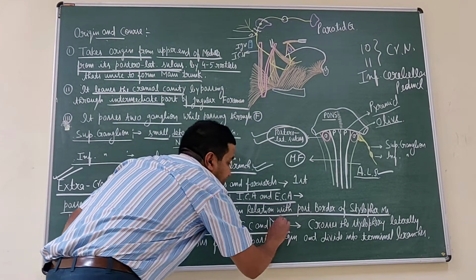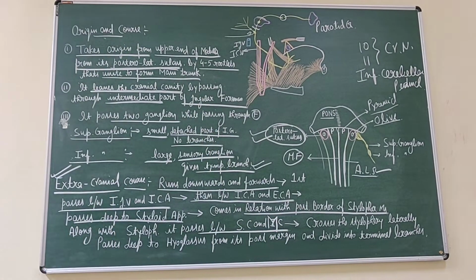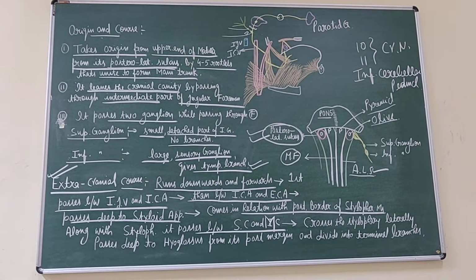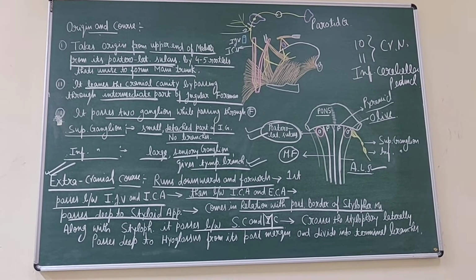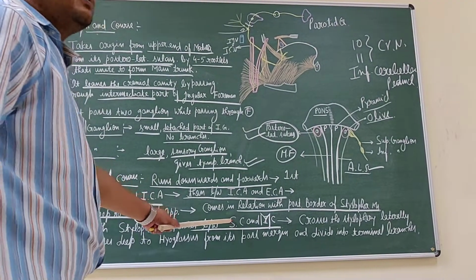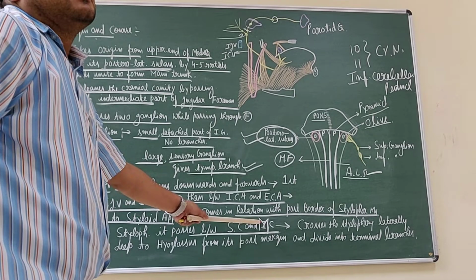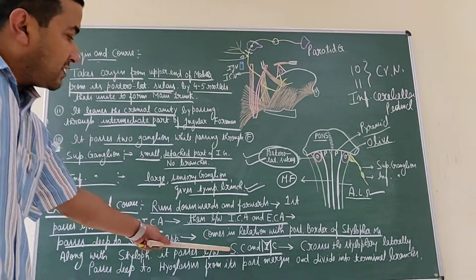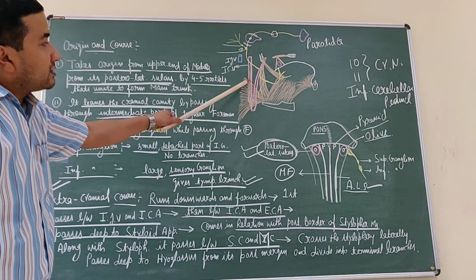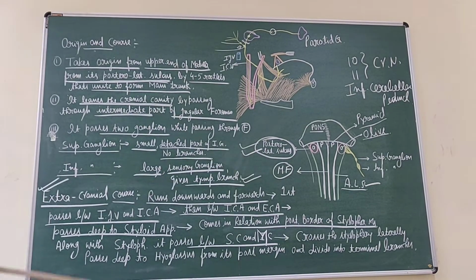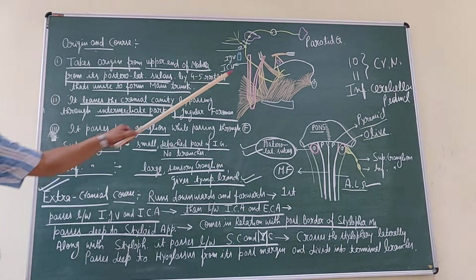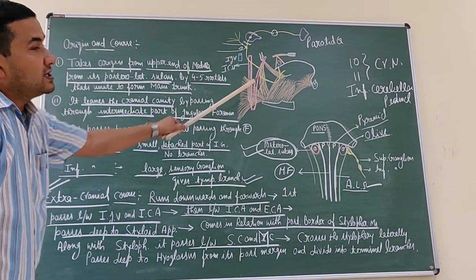This is the middle constrictor of the pharynx. What structures pass between the superior constrictor and the middle constrictor? Means the lower border of the superior constrictor and the upper border of the middle constrictor. It is the stylopharyngeus muscle and the glossopharyngeal nerve.